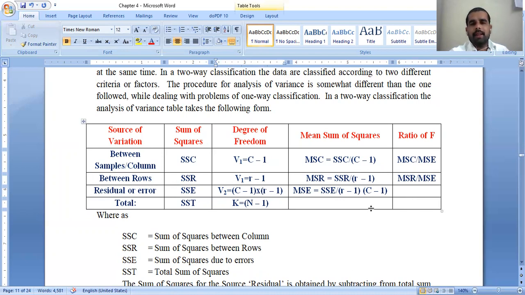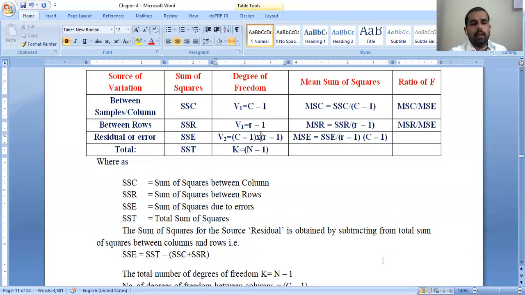By this table only, you will get good clarity regarding the two-way classification model problem or two-factor analysis problem. An important note here: the sum of squares for the residual source is obtained by subtracting the sums of squares between columns and rows from the total sum of squares.